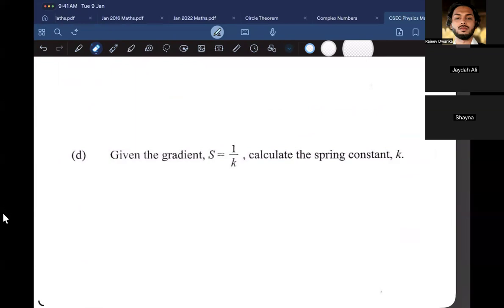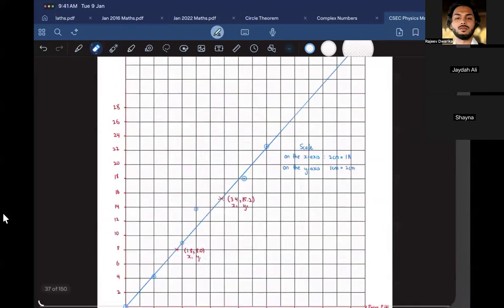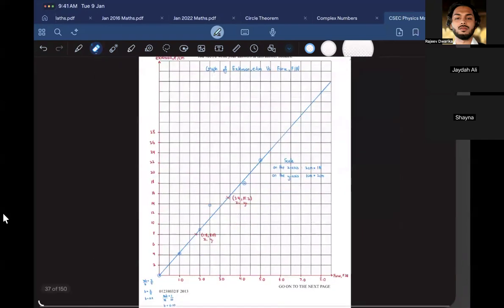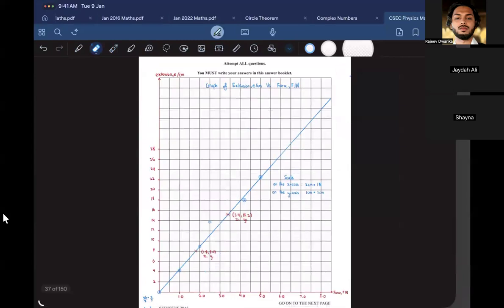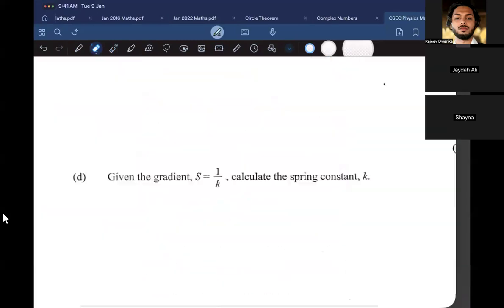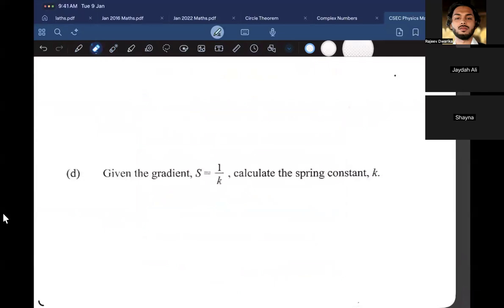Yes. If you had a graph of force versus extension, the gradient would be K. But for this graph, we know the gradient would be 1 over K, which is the reciprocal.